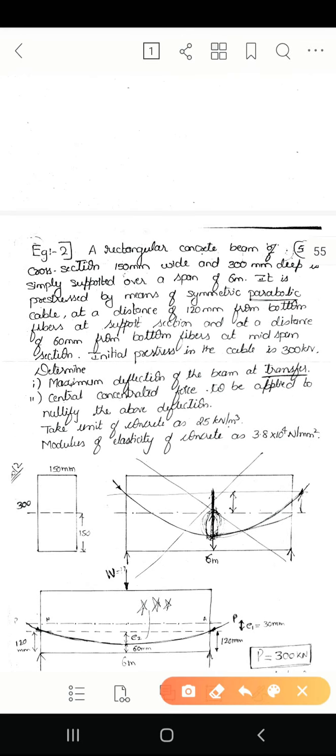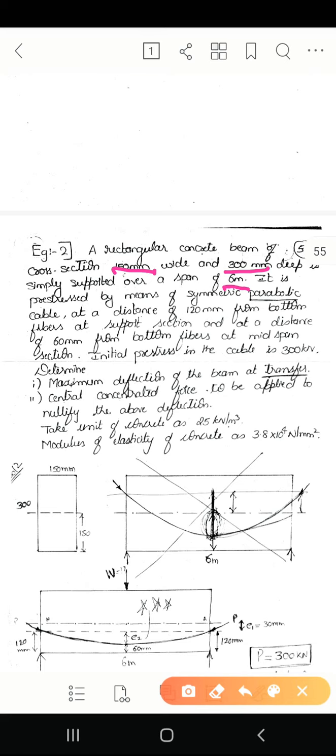A rectangular concrete beam of cross section 150 mm wide and 300 mm deep is simply supported over a span of 6 meter. So section they had given 150 by 300 and the span of 6 meter.